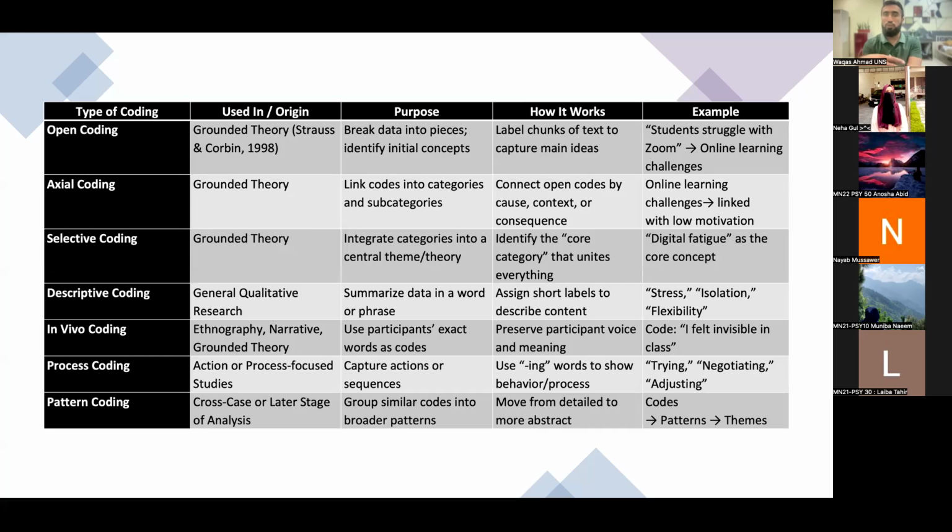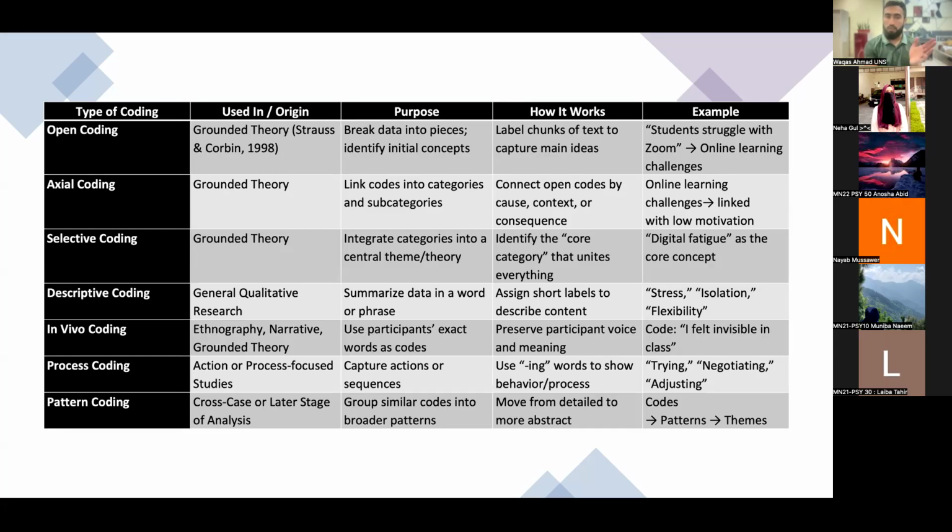For example, you just go for general qualitative research, which is done in a bachelor's degree. So this is descriptive coding, which is the easiest one, I mean. And for example, you go with ethnography or narrative or again grounded theory, you can still have In Vivo coding, but I will not recommend this one for bachelor's.